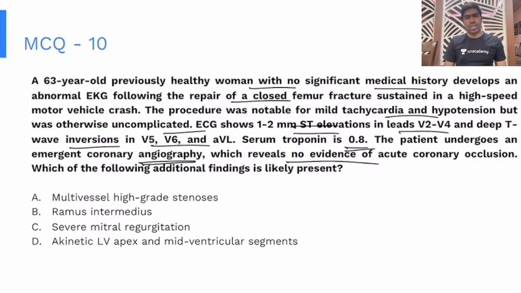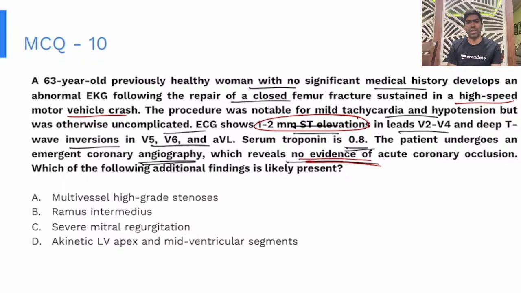Okay, so this patient is someone who's undergone a kind of trauma. This patient has had a femur fracture because of a high-speed motor vehicle crash, and after that the patient is having an abnormal EKG, which means the patient has developed ST elevations and the coronaries were actually clean.